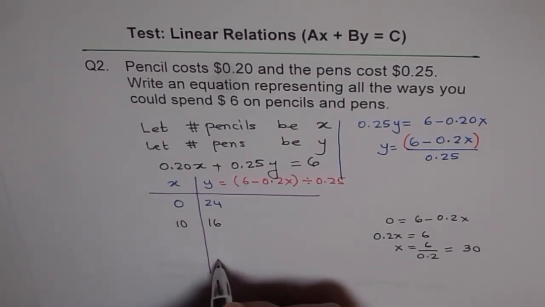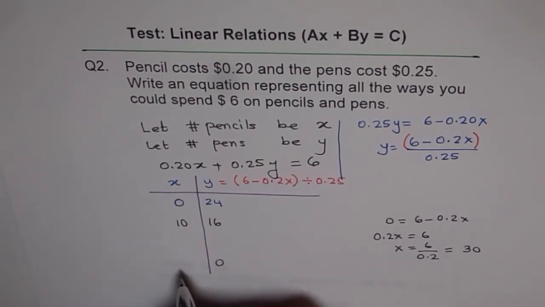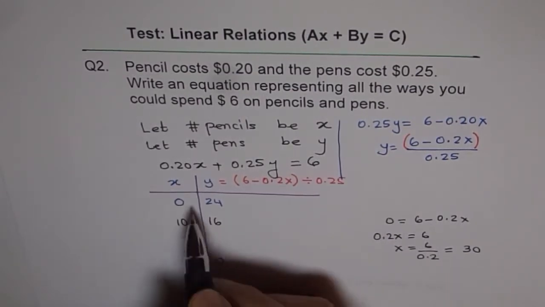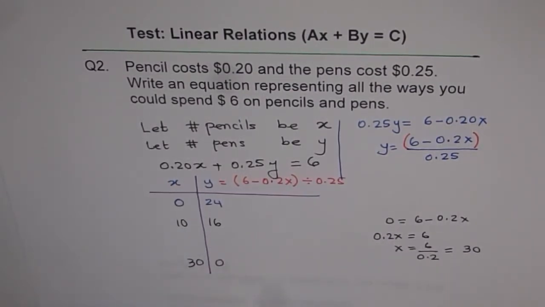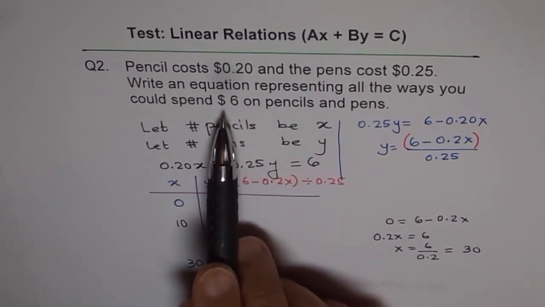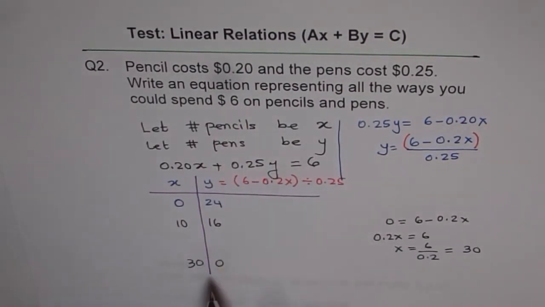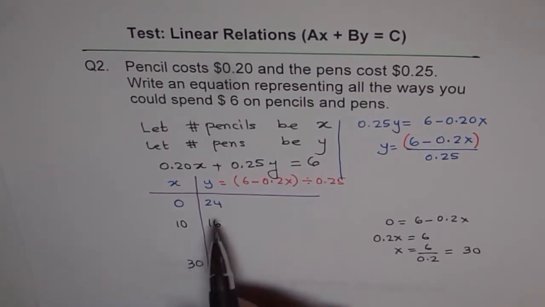So if y is equal to 0, then x is equal to 30. That gives us two limits. If we have $6 to spend, then the maximum we can buy is 30 pencils or 24 pens. You see that? That also gives you the upper value of the variable.